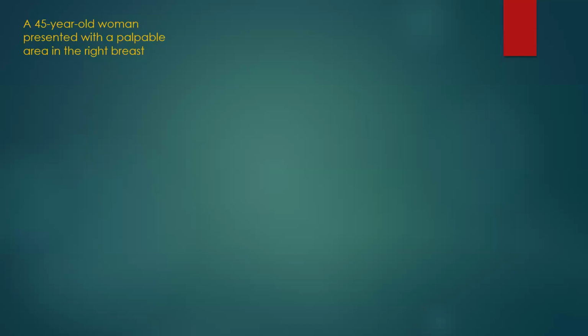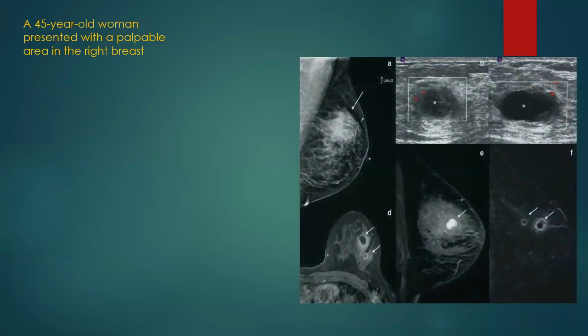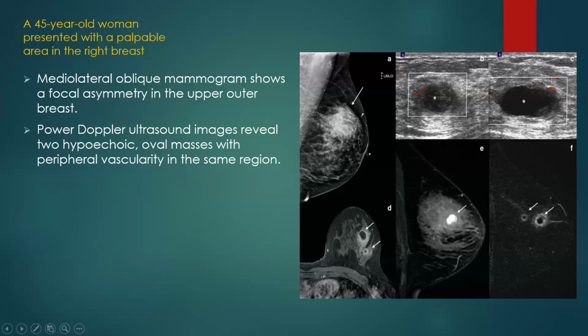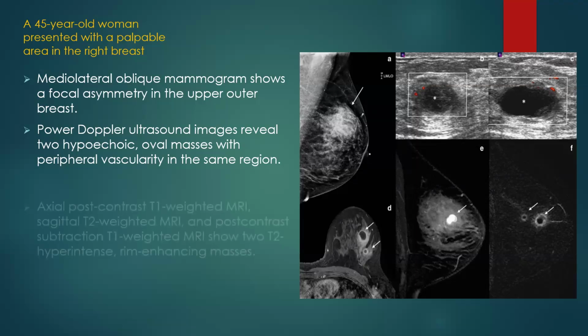We have a case of a 45-year-old woman who presented with a palpable area in her right breast. The mediolateral oblique mammogram shows a focal asymmetry in the upper outer breast. Power Doppler ultrasound images reveal two hypoechoic oval lesions or masses with peripheral vascularity in the same region.